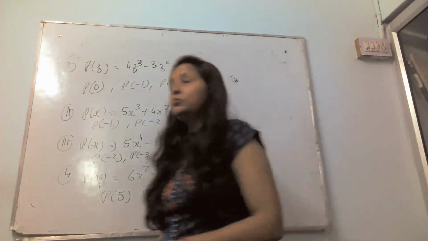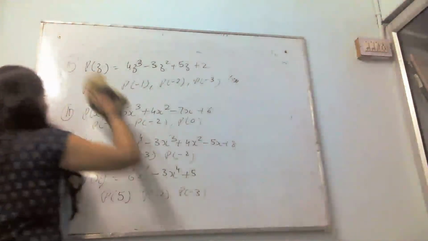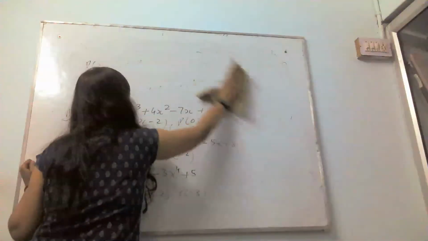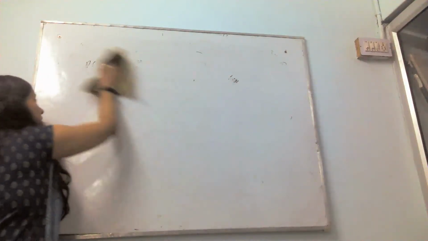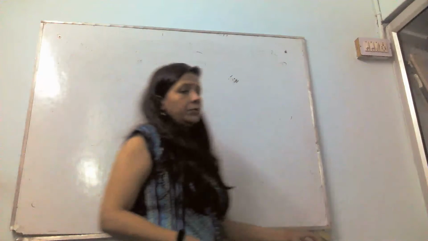Now we move to the next concept: zero of the polynomial.